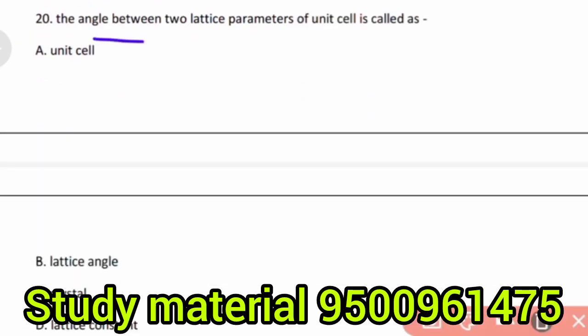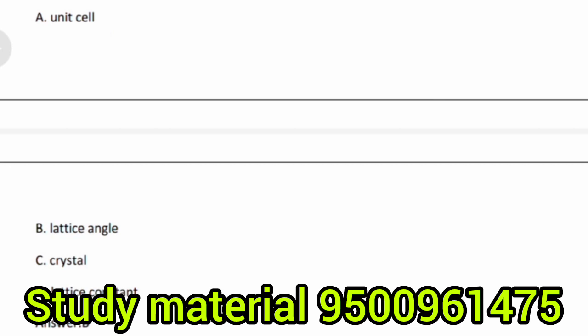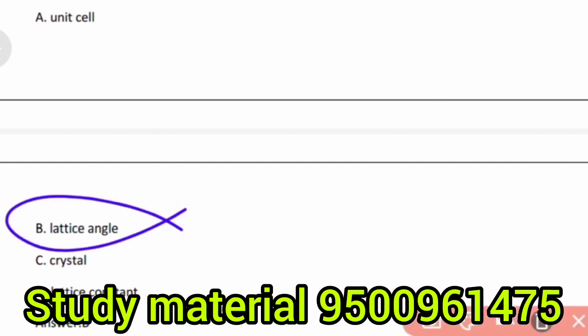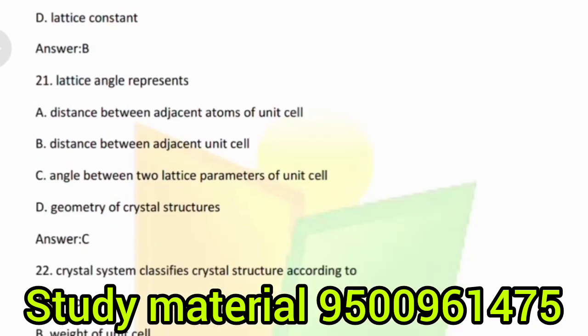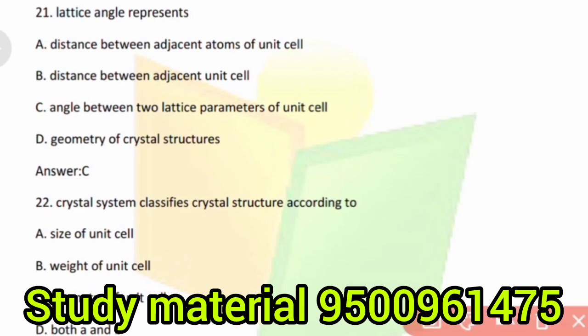The angle between two lattice parameters of a unit cell is called, option B, lattice angle. Lattice angle represents the angle between two lattice parameters of a unit cell.